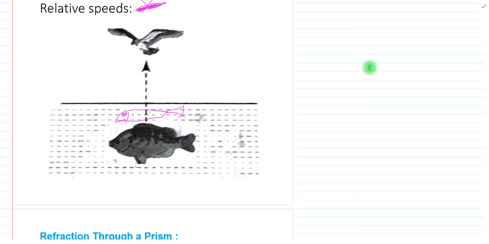Everything is illusion, nothing is actual. Einstein told also that everything is relative, and here also position and speed, everything is relative.